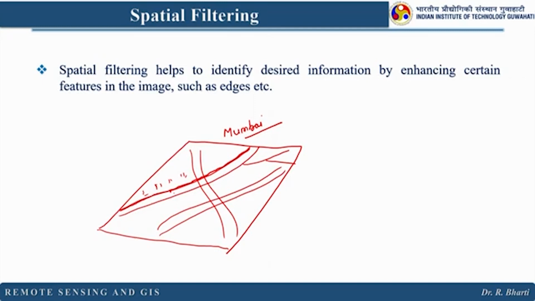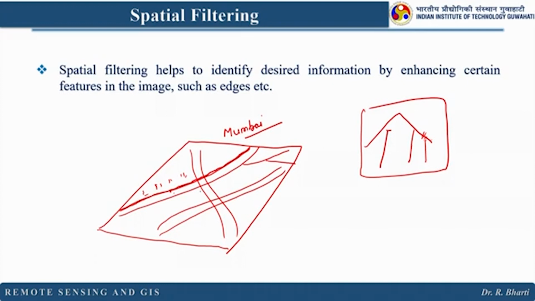Suppose I draw normal figures, and why do we get the perception that this is some kind of house? Because of these lines, where intensity is changing abruptly. So filtering is one of the mechanisms or logics which can be used to identify edges. This is one example.